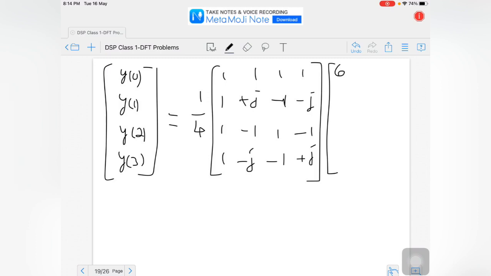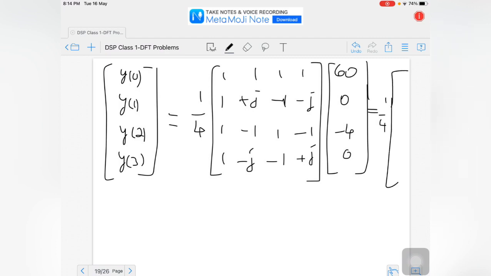And the input is y of k: 60, 0, minus 4, 0. So I will get 1 by 4 into 56, 64, 56, 64.